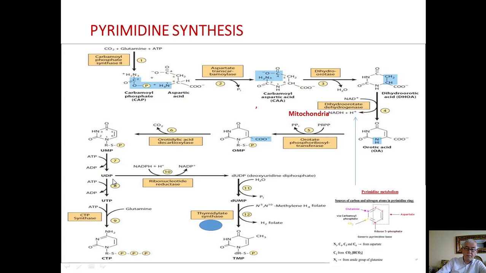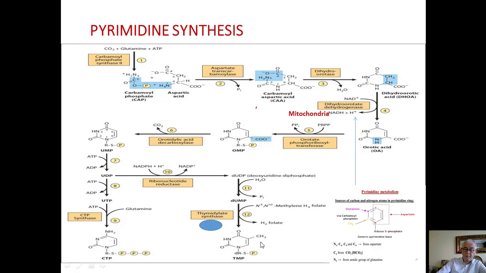Another way, UDP goes to deoxy-UDP by ribonucleotide reductase. You remember this enzyme, and we produce deoxy-UMP. Deoxy-UMP is a substrate for thymidylate synthase. The enzyme uses the active form of folic acid, methylene tetrahydrofolate, and produces dihydrofolate and TMP.